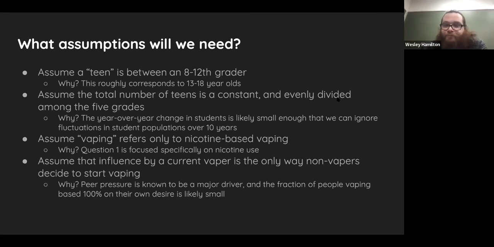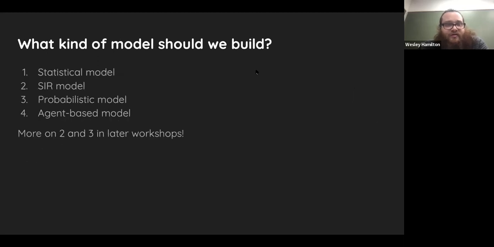Okay. And then the last bit that was discussed was just, what kind of model should we build? Here, certainly you have a lot of freedom in what model you build and how you approach these problems. Some things that were mentioned: statistical models.